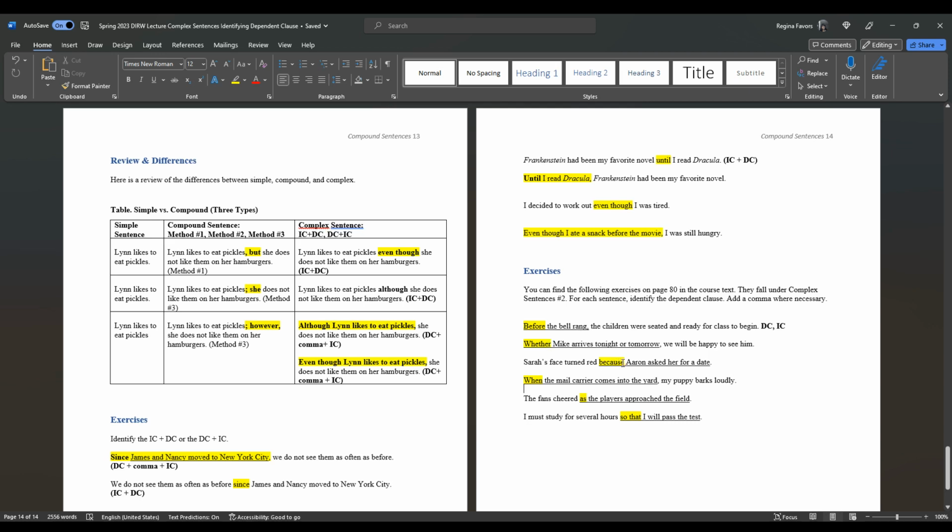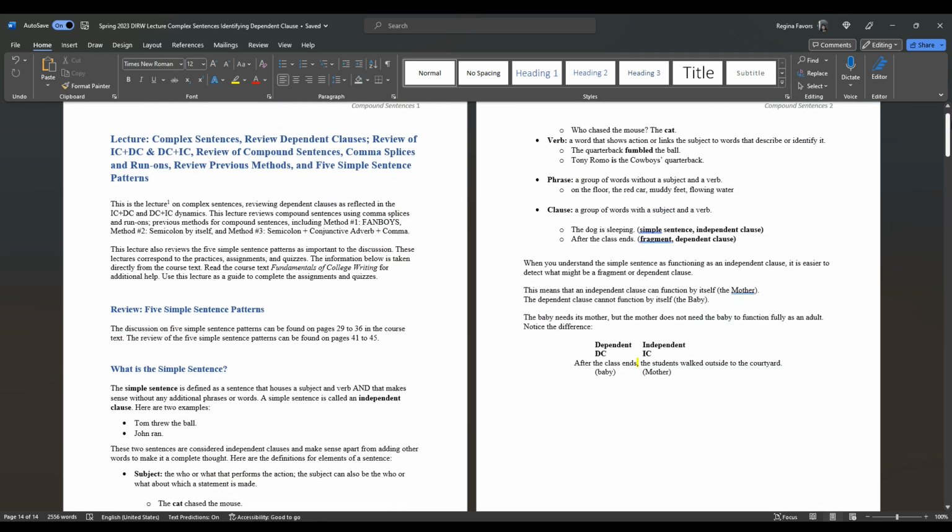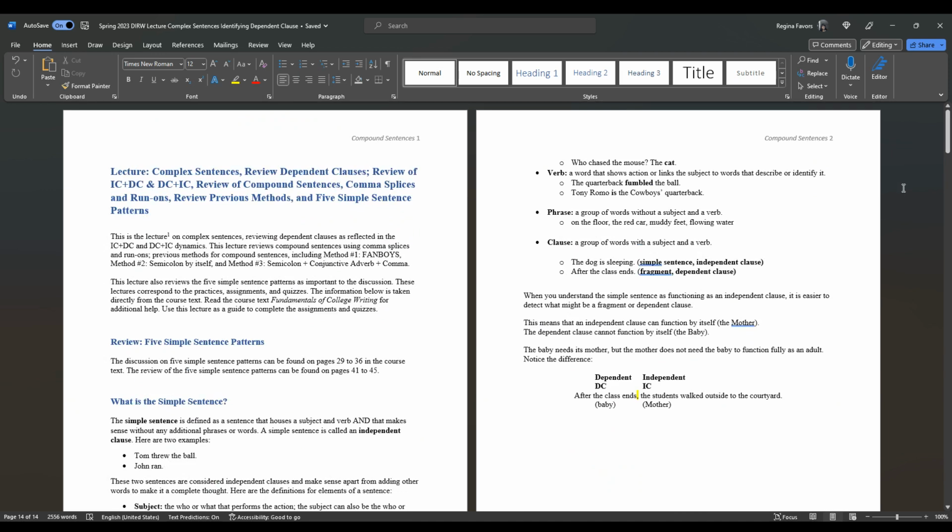When it's in the middle of the sentence, you do not need a comma before or after. Okay, so hopefully that helps you. This is again complex sentences, reviewing dependent clauses and other related concepts. All right, thank you for listening.